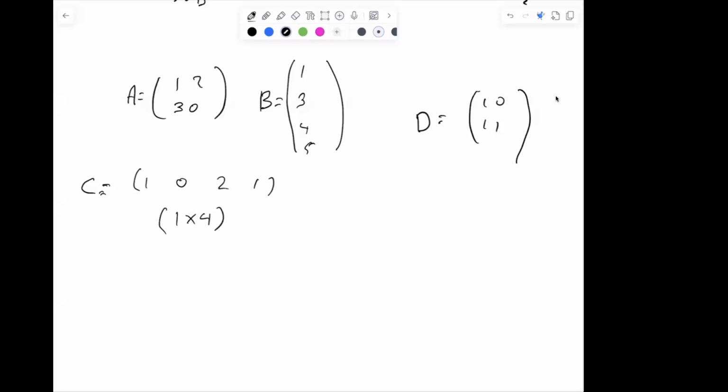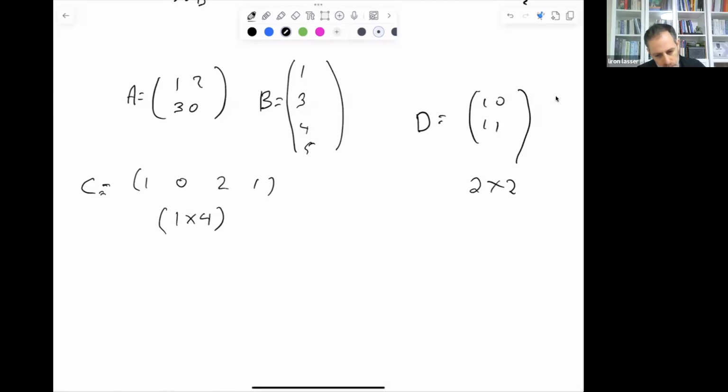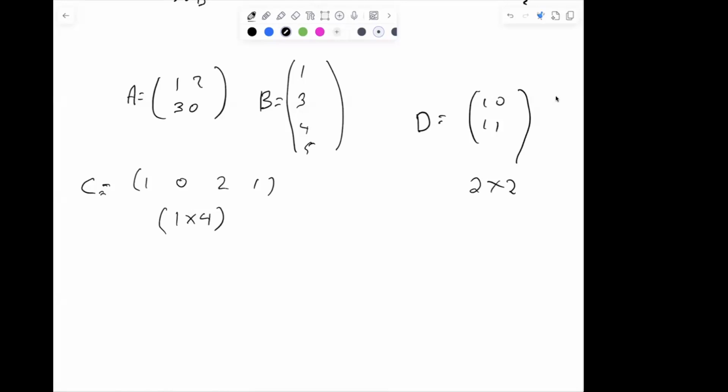What about D? It's very simple, right? 2 by 2. What about B? How many rows do we have in B? We have 4 rows and 1 column. So B is 4 by 1.